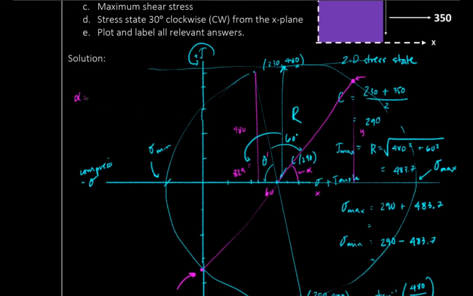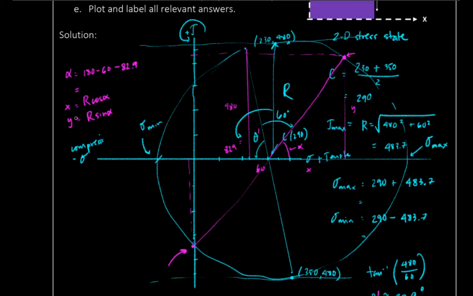Then our alpha should be equal to 180 minus 60 minus 82.9. Okay. And if you can manage to find alpha, then our x value here should be equal to the radius multiplied by cosine alpha, while the y value is the radius multiplied by sine alpha, rather.